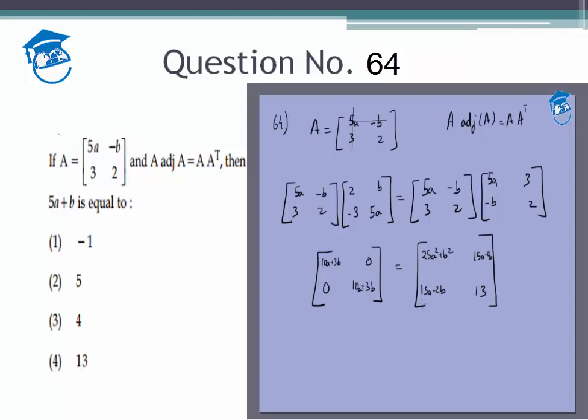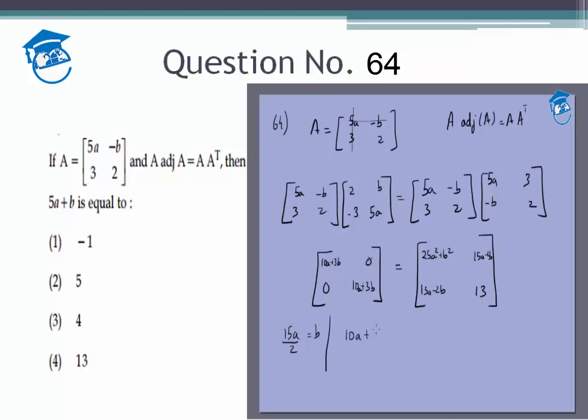So the first equation we get is 15a minus 2b is 0, that is for these two values. 15a minus 2b is 0, or 15a by 2 is equal to b. The second equation would be 10a plus 3b is equal to 13.